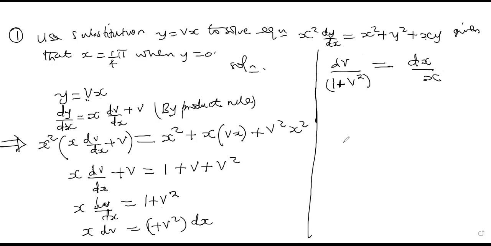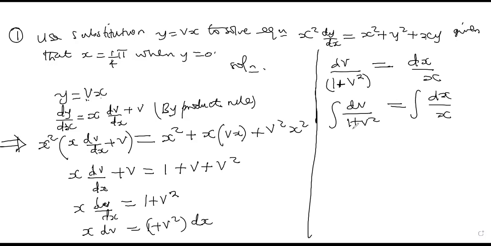The second step here is to integrate. If we integrate dv over 1 plus v squared is equal to the integral of dx over x. Now, members, this is tan substitution, because when you differentiate the denominator, you don't get the numerator. So this is tan substitution, 1 plus v squared.